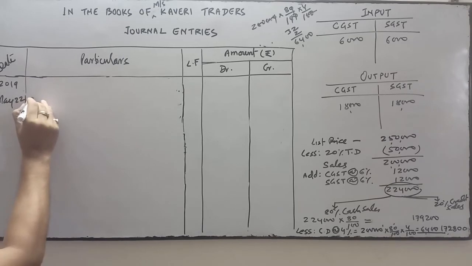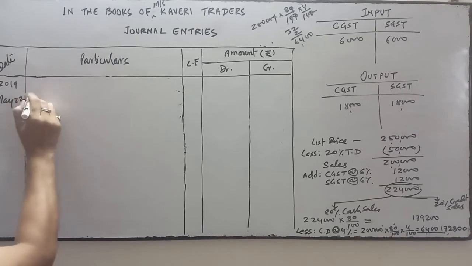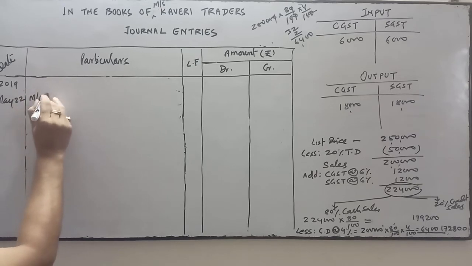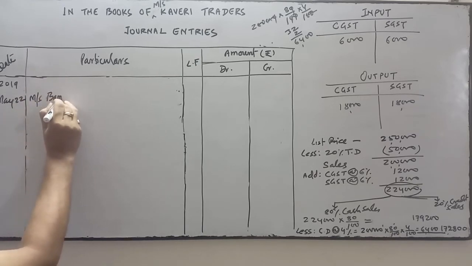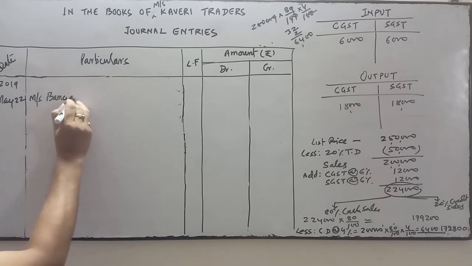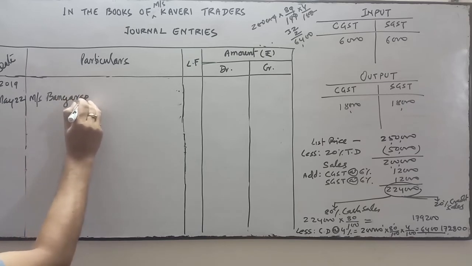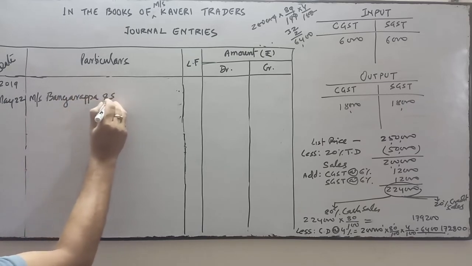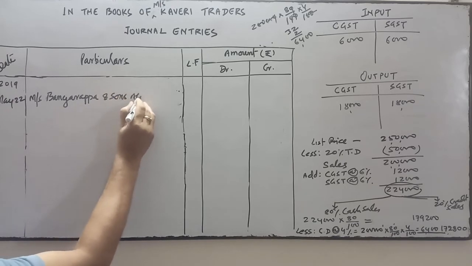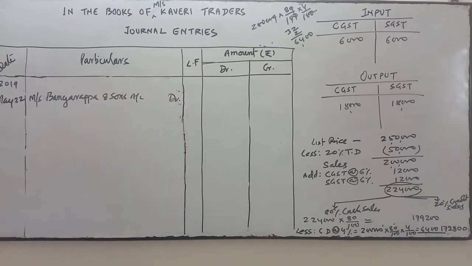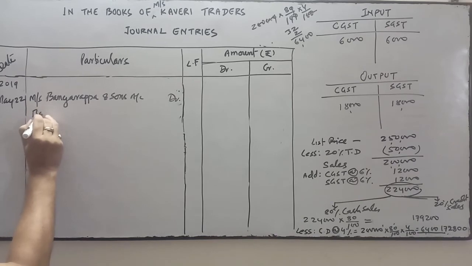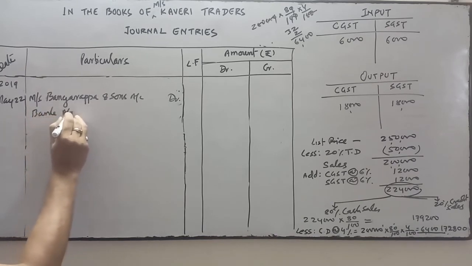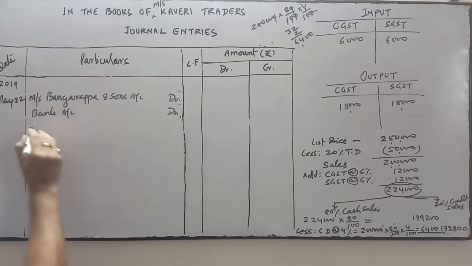So Messrs Bangarappa and Sons account debit. Bank account debit because some amount is received, 80%.